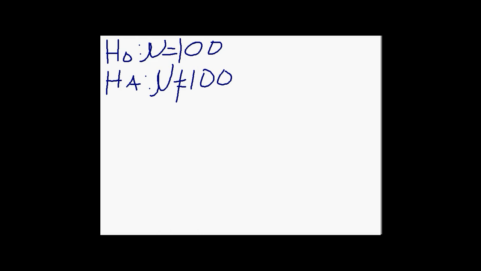If it was one tail, whether lower or upper, you use 0.05 against 29. But in the answers they use 0.025.